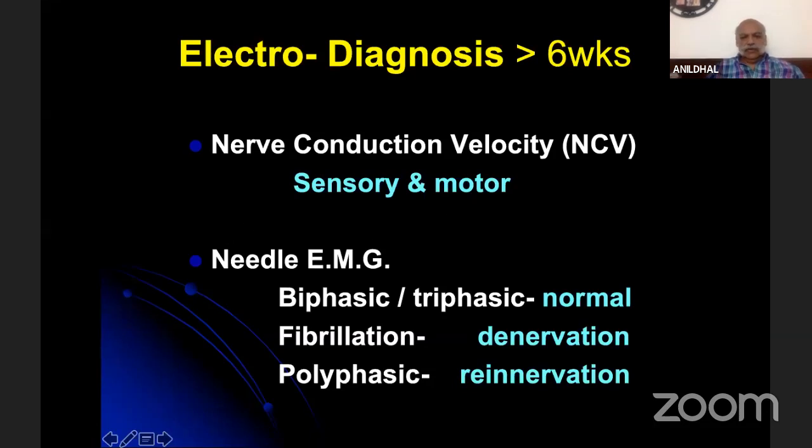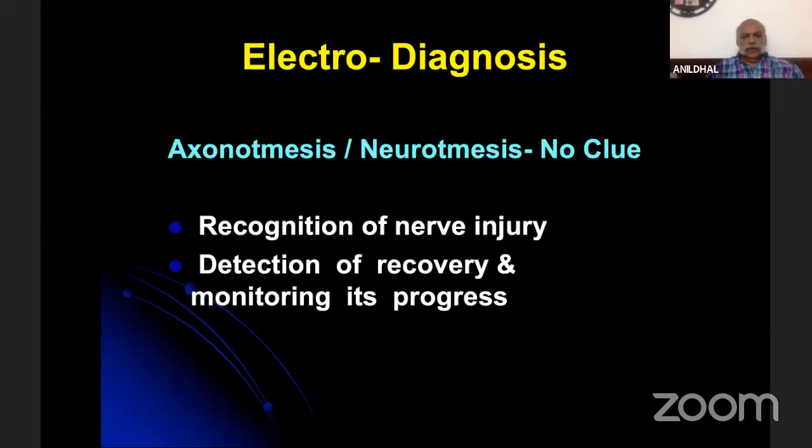And the second one is a standard needle insertion EMG, where the candidate needs to know that biphasic and triphasic action potentials are normal. They suggest normal innervated muscle. Fibrillation potentials are typically seen in a denervated muscle, and polyphasic action potentials indicate re-innervation by a recovering nerve paralysis.